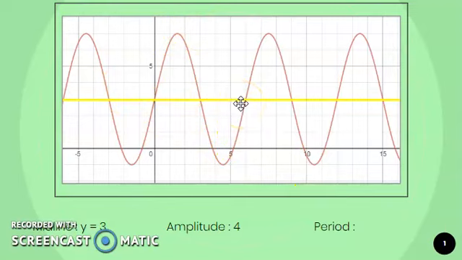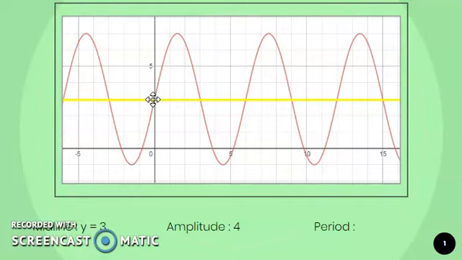To find the period, you need to choose a point on the graph that runs through the function, and this would ideally be one that hits the midline and is a whole number for ease of finding the length of the period. Now, I'm going to choose this point here.